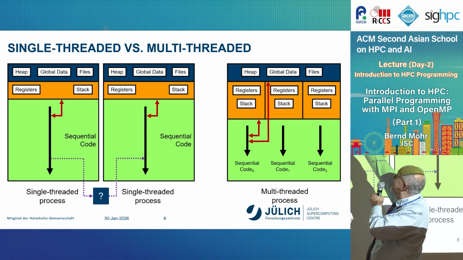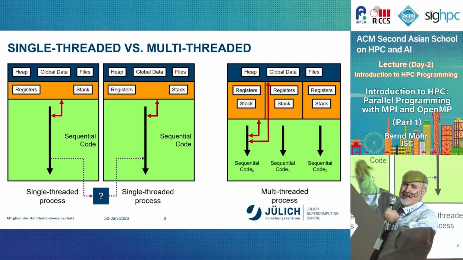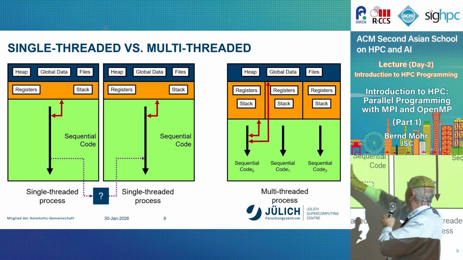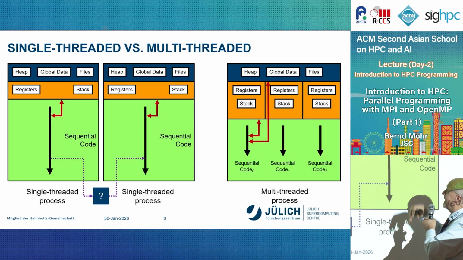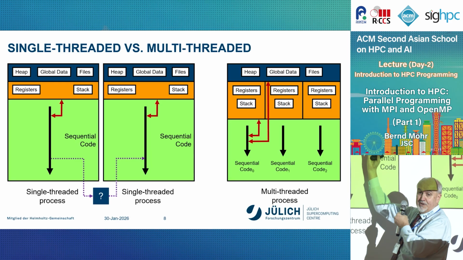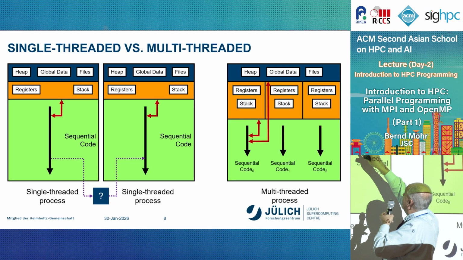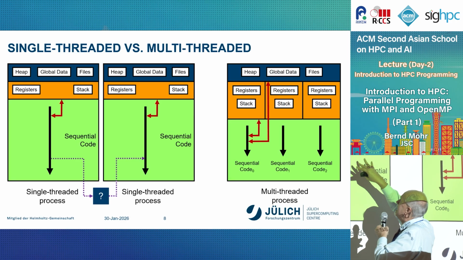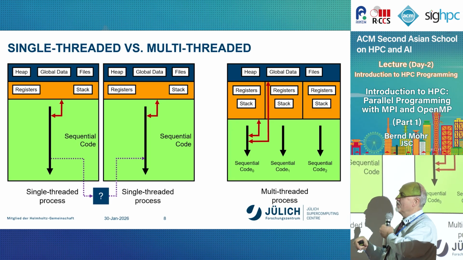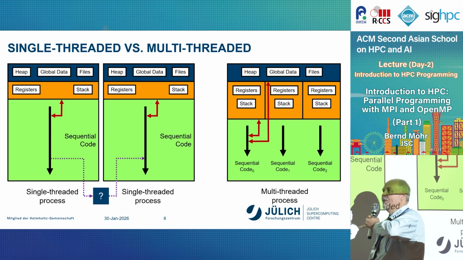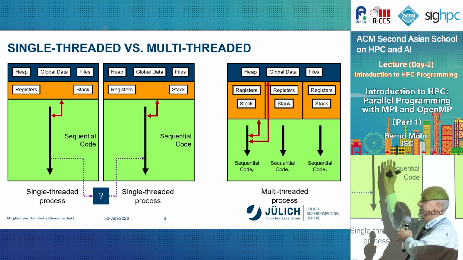Then I have a heap for dynamic data, the global data, and also the files I'm opening and so on. And this is on one processor, and on the second processor I use the operating system to start another process. And it has basically the same. What you often do is that you have one program and the code of that program is loaded here and loaded here.